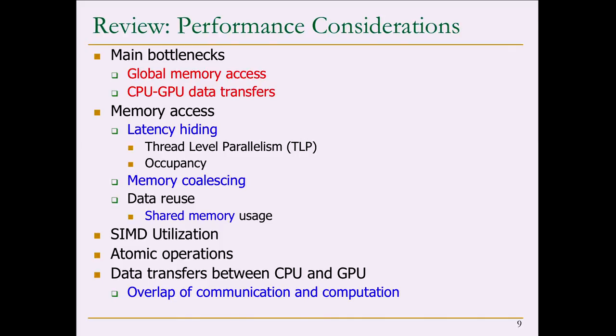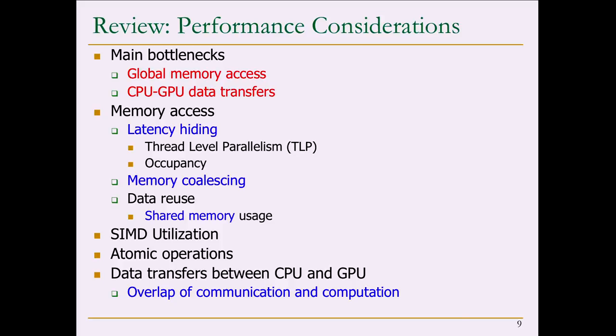It is possible for them to hide the latency of long-latency operations, for example, memory accesses to global memory, by doing some computation, overlapping these memory accesses with computation on the cores. We also talked about how to optimize the memory access, the memory coalescing. We will review it right now, and also what to do when we have a lot of data reuse.